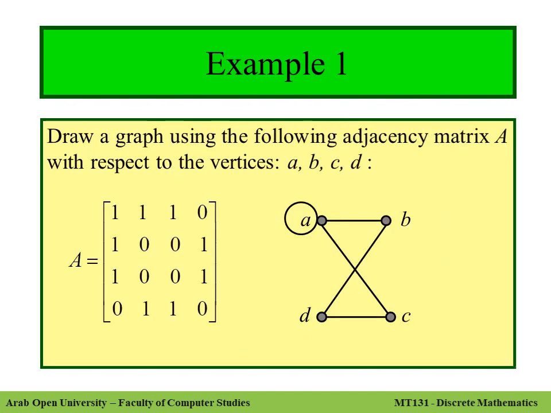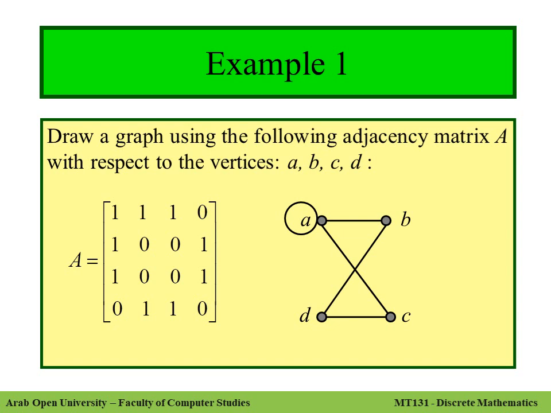If you have the matrix for a graph, you can reconstruct the graph by doing the reverse process. Here's an example. We want to draw the graph using the following adjacency matrix. Assuming you start with this matrix and that this is a matrix for a graph, you need to specify the vertices.